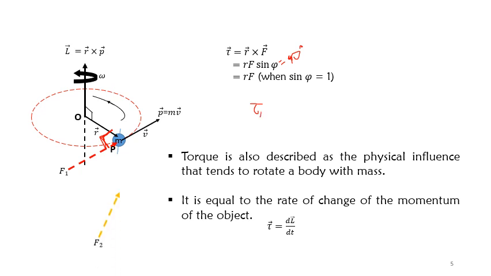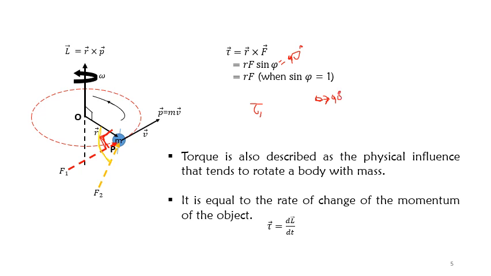Now, if you have the force acting just like F2 acts, in this case we have a different angle. It is not perpendicular. You see, it is not equal to 90 degrees. At that point, our angle is greater than 90 degrees.